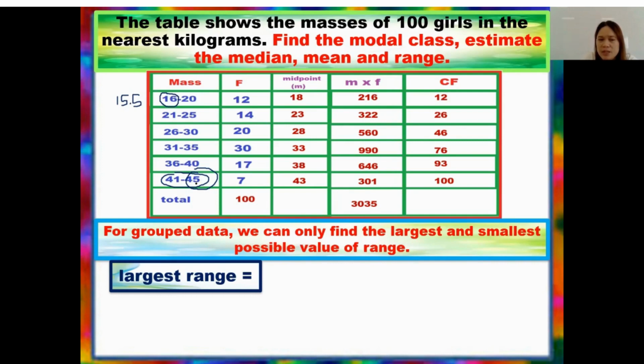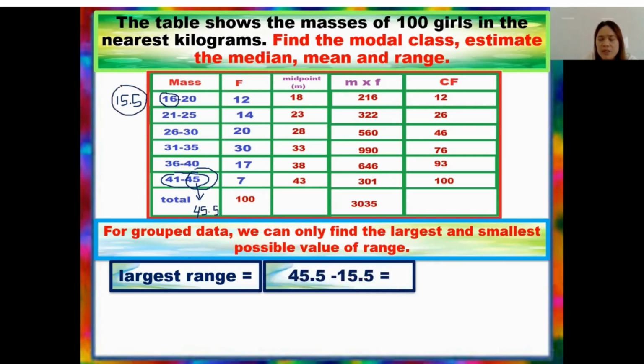The largest that we can have here is 45.5. So we have to use this to get the largest possible range. So 45.5 minus the smallest, which is 15.5, gives us 30 kilograms. That's the largest possible range.